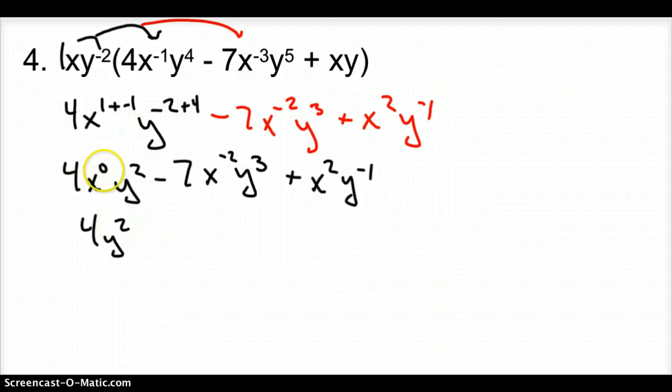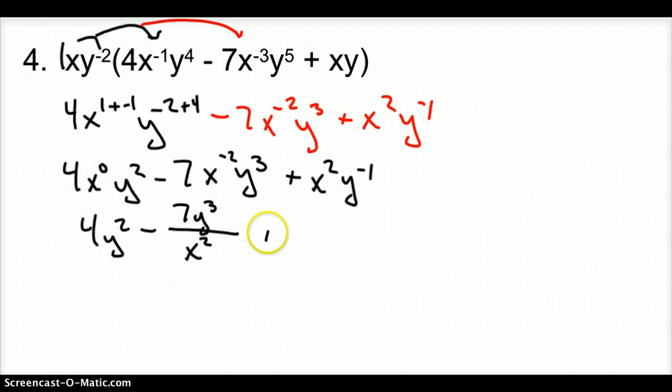Because anything to the 0 power turns into 1, minus 7y cubed, and that's all going to go over x squared, because what does a negative exponent do? It moves it to the bottom, plus x squared, and again we have a negative exponent, so that moves it to the bottom, over y.